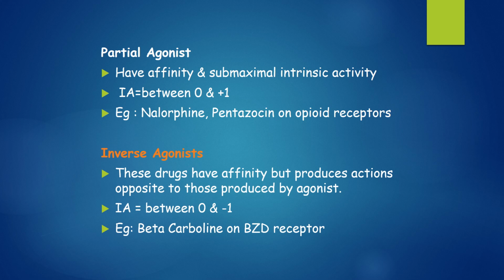The response will be the complete opposite of the agonistic. Here the intrinsic activity will be between 0 and minus 1. Example is beta carboline on the benzodiazepine receptors. So these are all different types of agonist or antagonist.